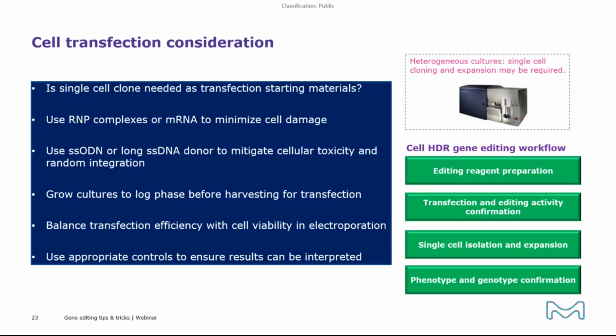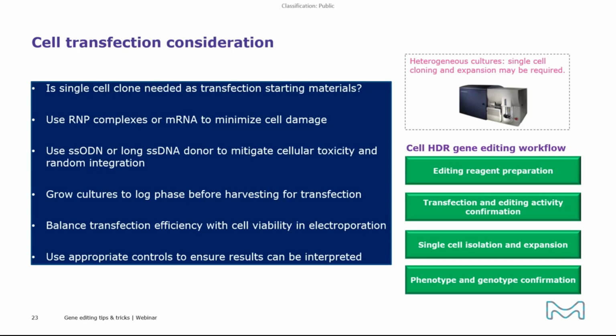And for transfection reagents, again, we recommend using RNP complexes or mRNA for nuclease delivery, and using oligos or long single-strand DNA as donors, especially if your cells are sensitive to transfection or are limited in amount.